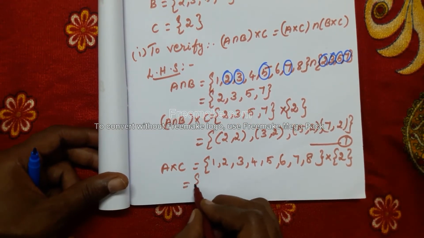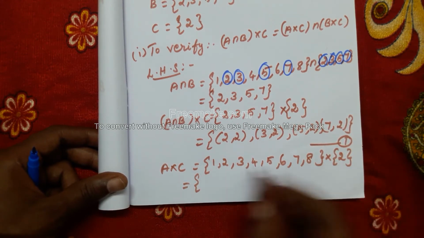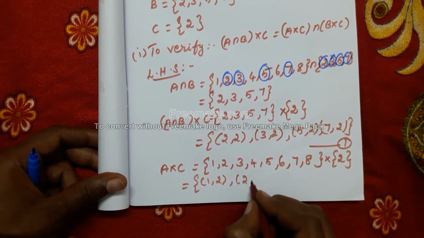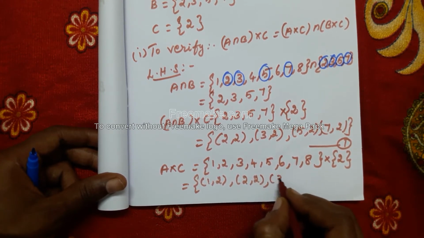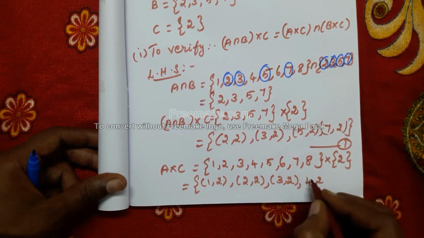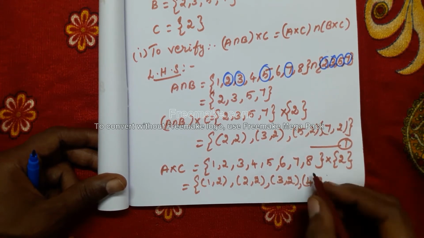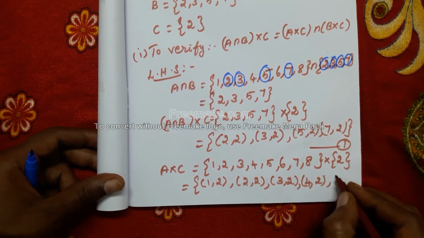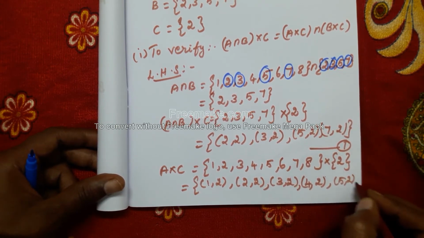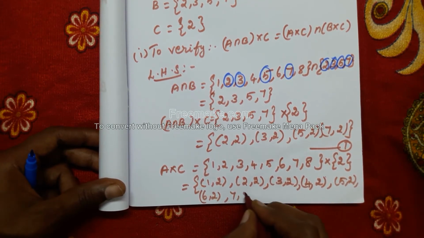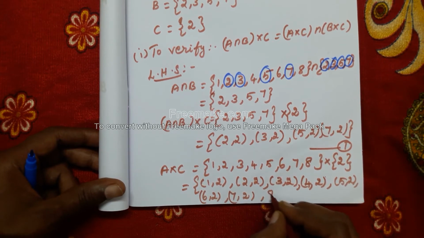How can we write? (1,2), next (2,2), (3,2), (4,2), next (5,2), (6,2), (7,2), (8,2).